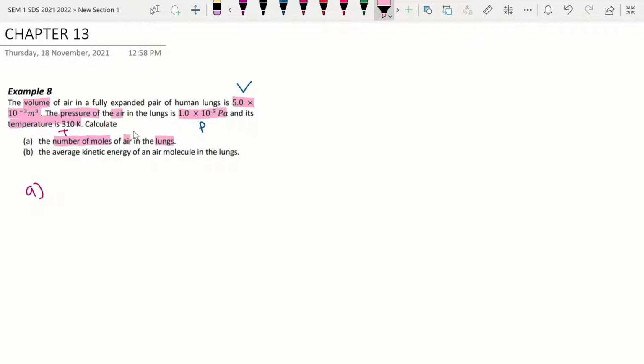So we need to calculate the number of moles. We know our pressure, we know the volume, and we know the temperature. So we can use the ideal gas equation, which is PV equals nRT, where P is the pressure and V is the volume, which is 5 times 10 to the power of negative 3.